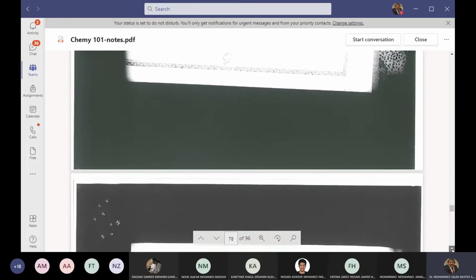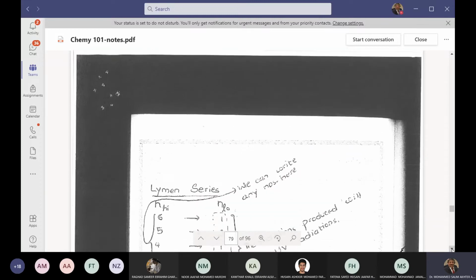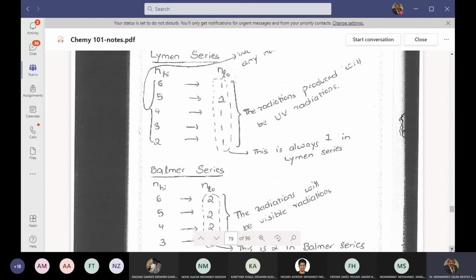Then I talked about how do we produce radiation. We produce radiation from jumping from a higher level to a lower level, higher level to a lower level, my friend. This is the Lyman series we talked about, from high to low.